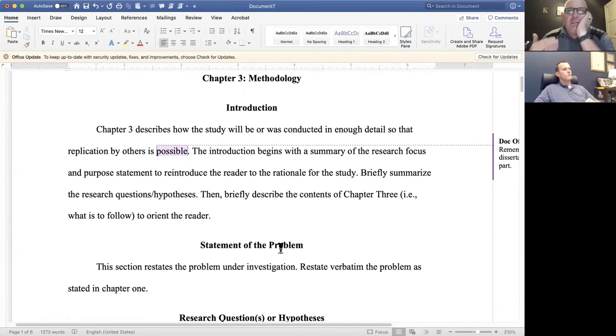Again, this is the one chapter where it's like, okay, this is what I'm going to do. Boom, I'm done. You'll have supporting evidence, but there's not a lot of supporting evidence that goes along to stuff that you're going to be doing personally. See what I'm saying? We're not talking about what you're going to be doing.